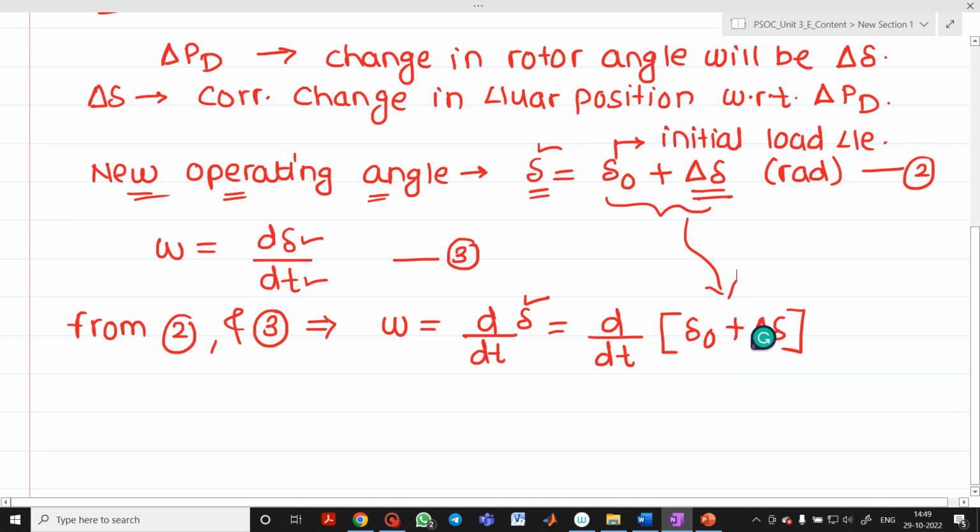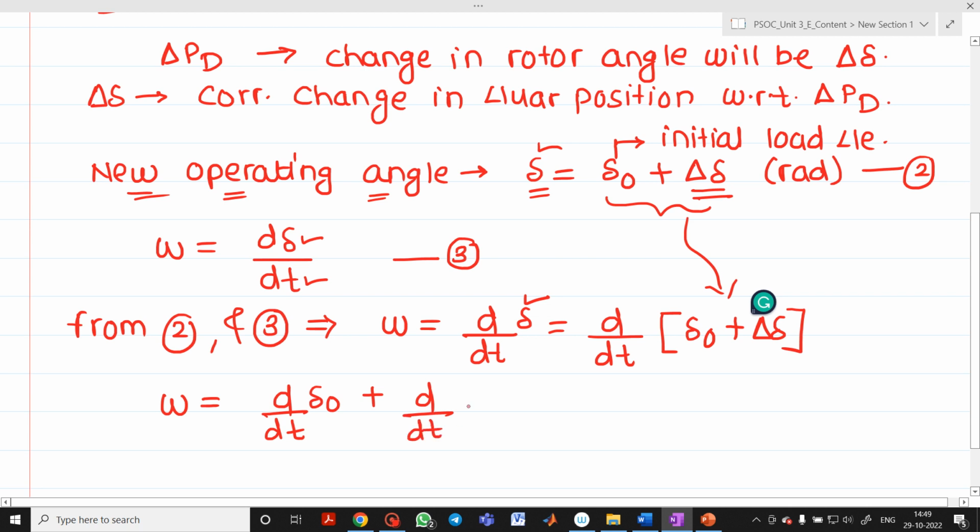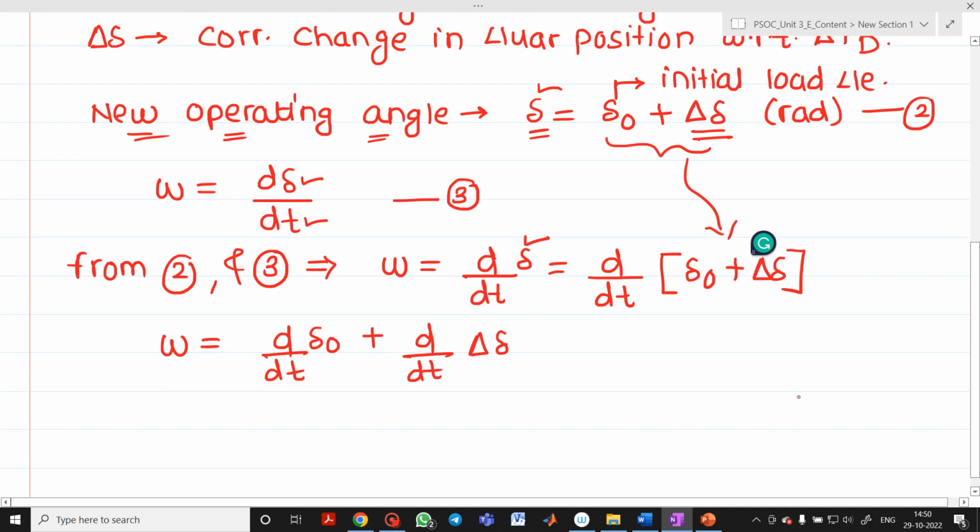So how can I write this equation further? I can write it as omega will be equal to d by dt of delta 0 plus d by dt of delta delta. Or otherwise I'll write it in another step here.